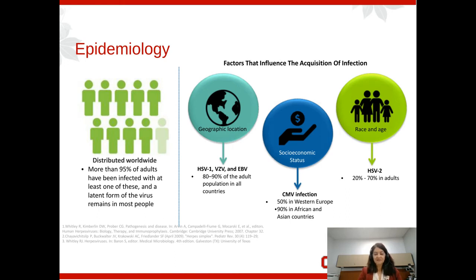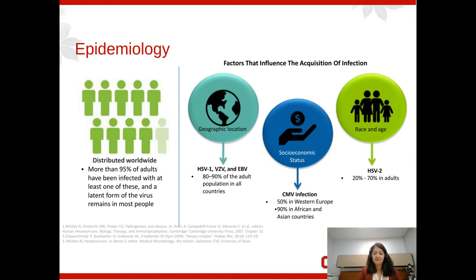Just talking about the epidemiology of herpes virus infections, we know they have a very wide distribution. About 95% of adults have been infected with one or another of the herpes viruses. Looking at HSV1, VZV, and EBV, the geographic distribution is about 80 to 90%, pretty much all over the world.